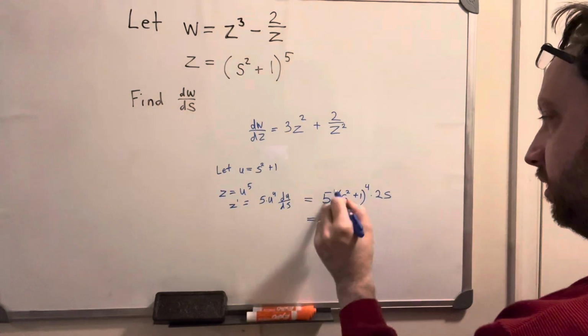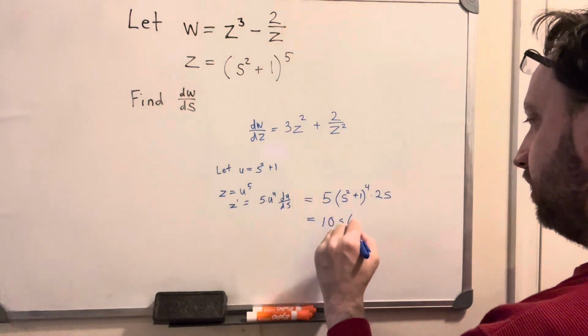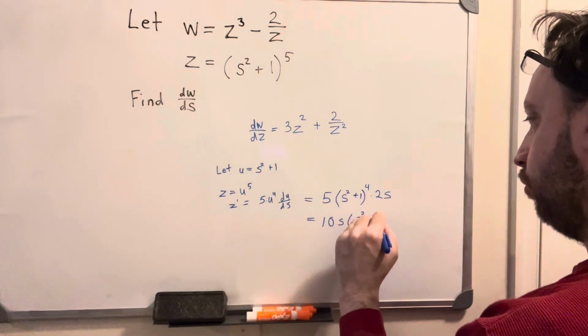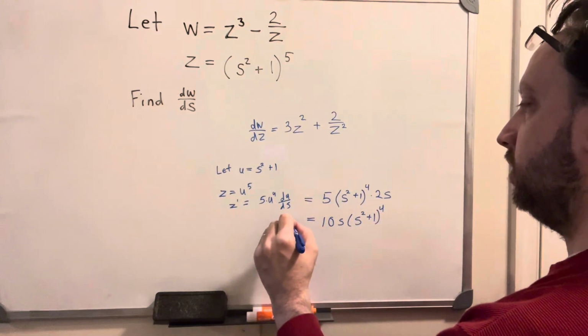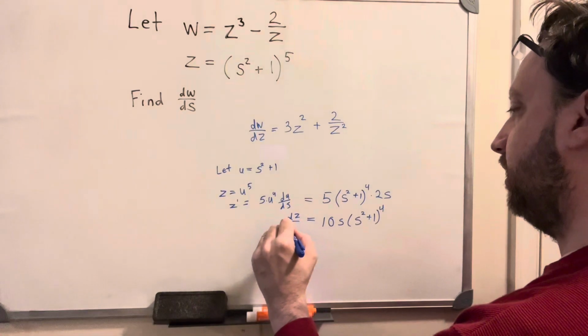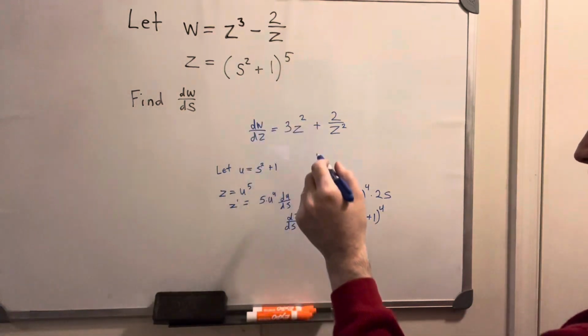We can put all of this in the front. So 5 times 2s is 10s times (s squared plus 1) to the 4th. And remember, this was dz/ds. This is dw/dz.